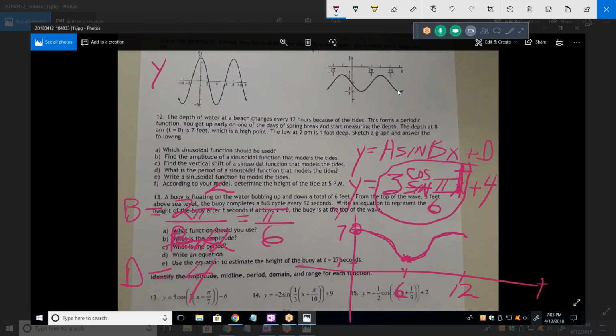So here's our function. To answer A, what sinusoid function should be used? It's 3 cosine of pi over 6 t plus 4. Okay, so what's the amplitude of this?